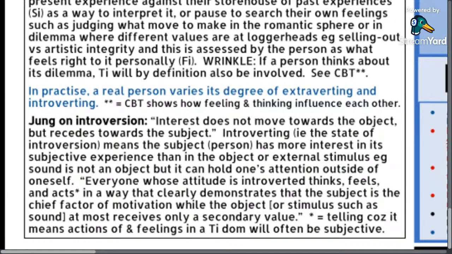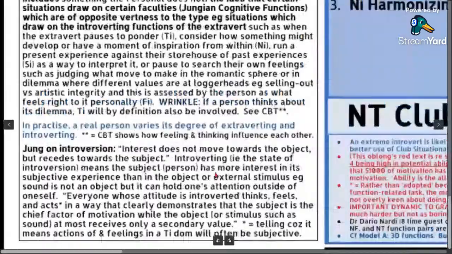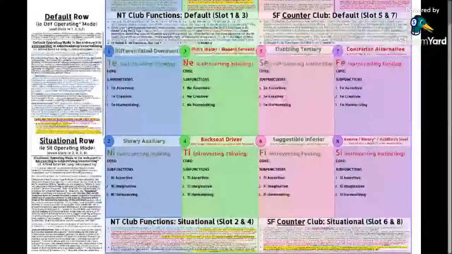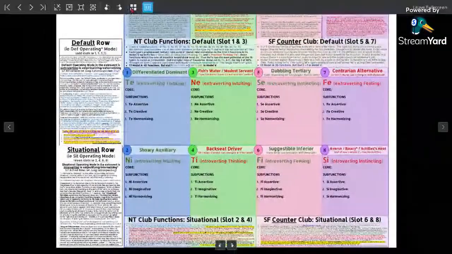So I read about libido in there, and basically it's correlated with interest, various kinds of interest. So now you've got a handle on what default is and what situational is after 22 minutes.